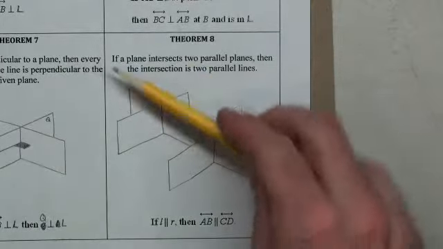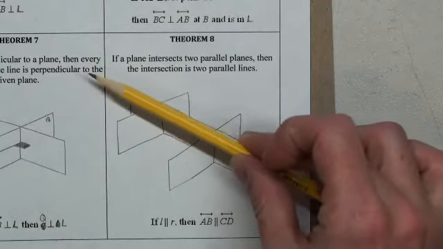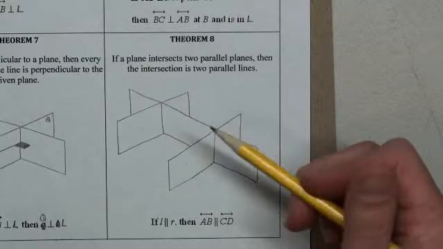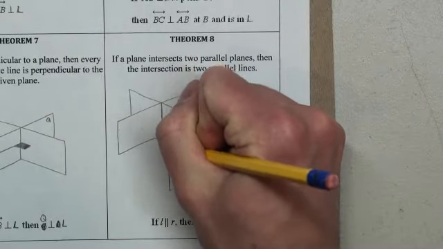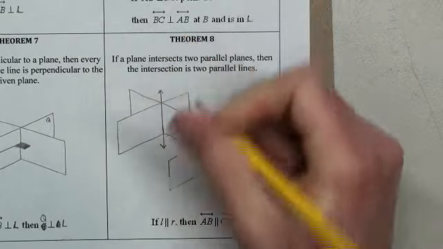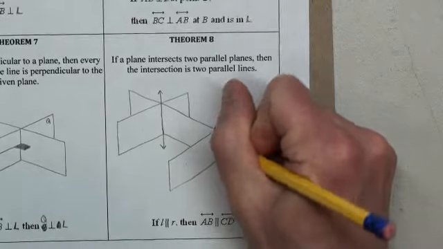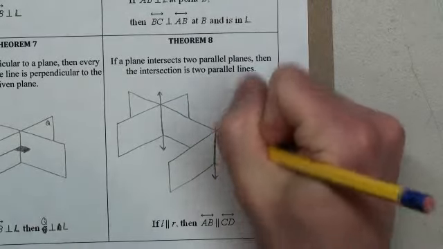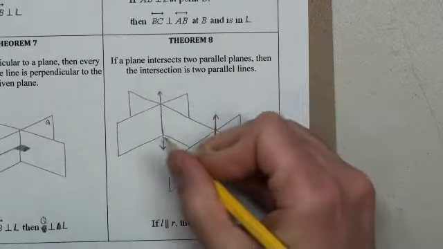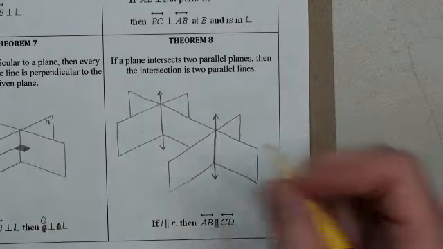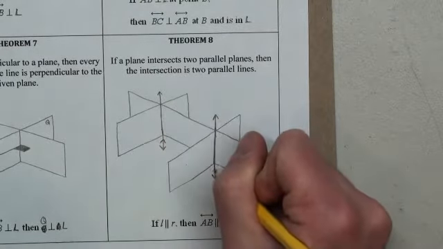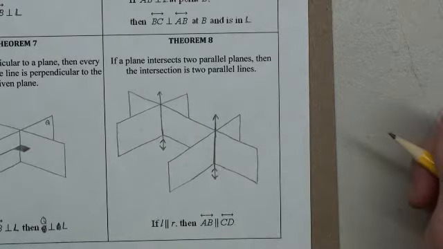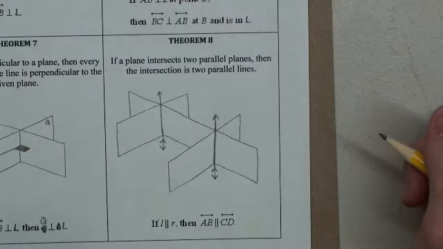And then if you take this big plane and you intersect those two parallel planes, then the intersection, which is this line right here and this line right here, those lines will be parallel lines. So we could put feather marks on those lines. They'll be parallel.